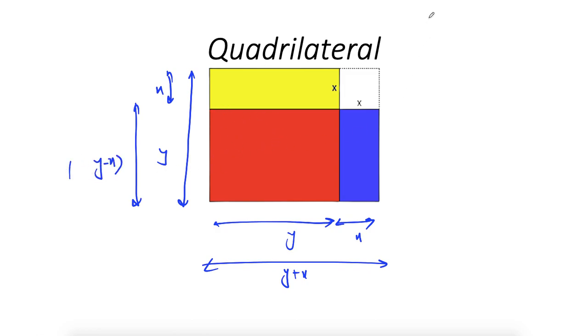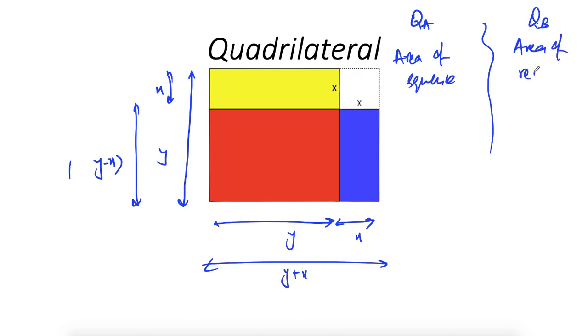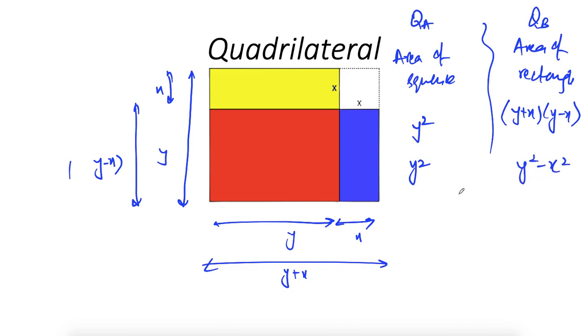In the quantity comparison question, quantity A is the area of the square and quantity B is the area of the rectangle. What is the area of the square? That is y square, because one length is y. And what is the area of the rectangle? That will be y plus x into y minus x. So this is y square, and this is y square minus x square.